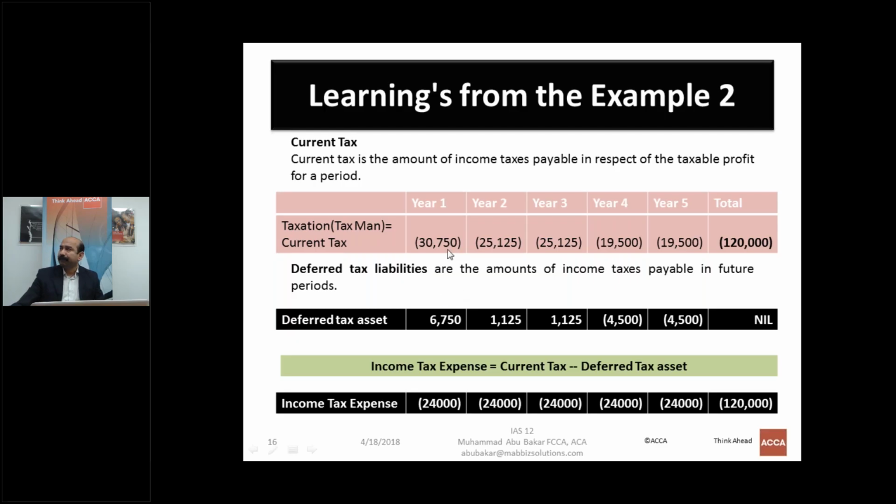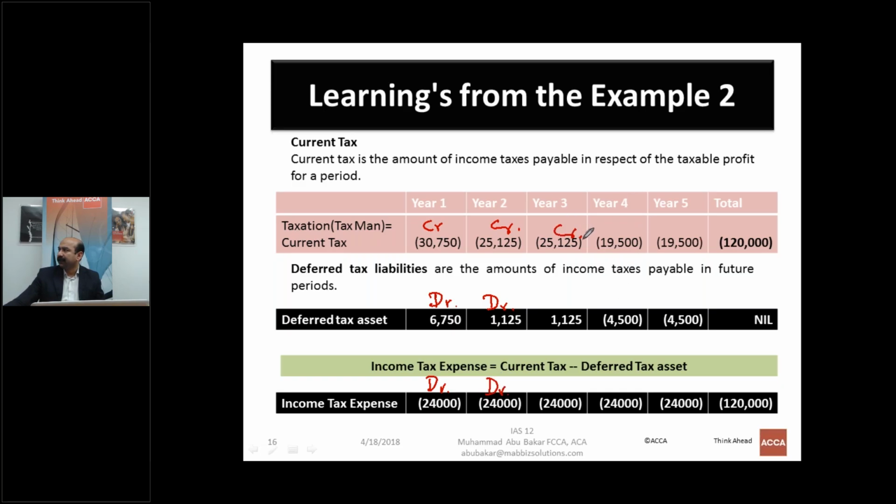The entry will be here. In year 1, income tax expense debit 24,000. Current tax payable credit 30,750. And deferred tax debit with the difference of 6,750. If I just quickly mention over here, instead of passing entries, this will be debit. This will be credit. This will be debit. And this will be debit.